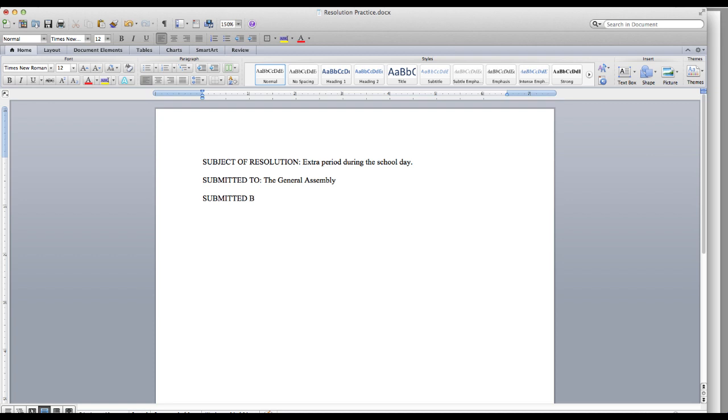Submitted by. There's a difference between sponsors and signatories when writing a resolution. A signatory is one who approves of considering your resolution, even if they didn't help write it. A sponsor is someone who actually helped write this resolution. For example, that group of kids that's gathered around the laptop over in the corner talking about what to write, those are the sponsors.